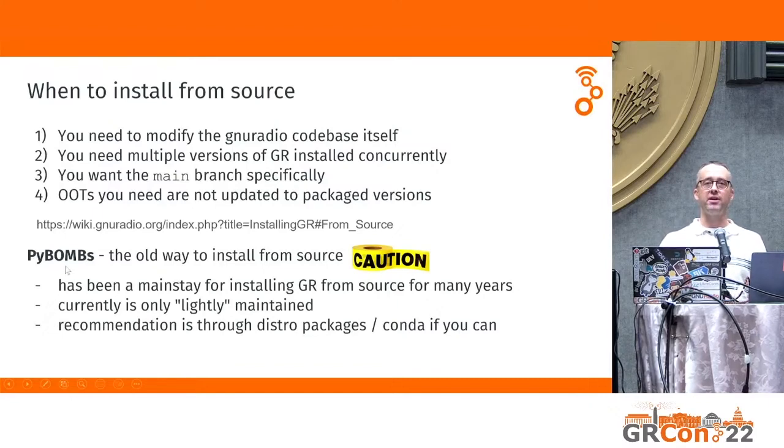For many years we recommended just use PyBombs and it will grab the latest, all the dependencies, manage all that. That's a very hard problem for a project of this size to manage on our own. So that's why we have really moved towards package distribution as the way to do this rather than our own managed thing. So PyBombs, use at your own risk. It is not something that you'll probably get a lot of support for when it doesn't work.